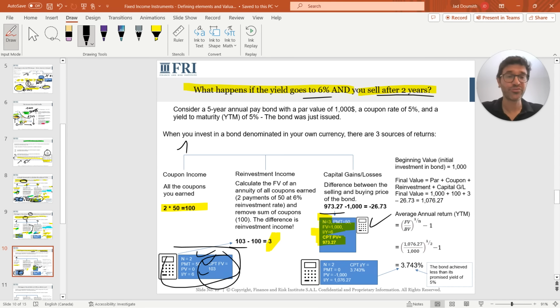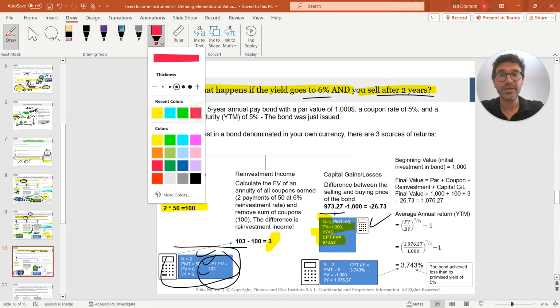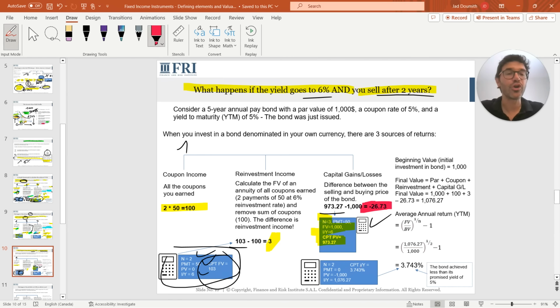You bought the bond for 1,000, you sold it for 973.27, the difference is a capital loss. Now let us calculate the average annual actual rate of return that we would have earned and see how it compares to the promised 5.